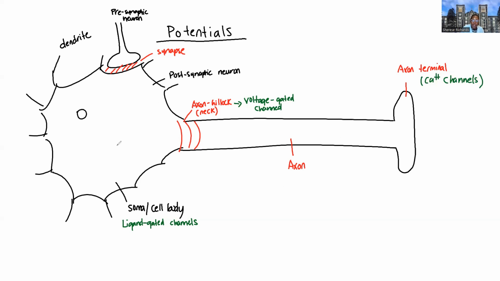I also want to make a note that throughout the entirety of the neuron, there are leak channels. These are the channels we discussed previously when we talked about differing permeability, which are basically leaking sodium or potassium. They're found throughout the entirety of the neuron as they are important in establishing the resting membrane potential.